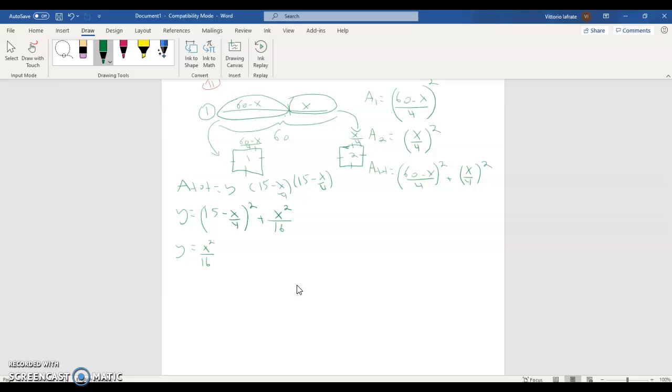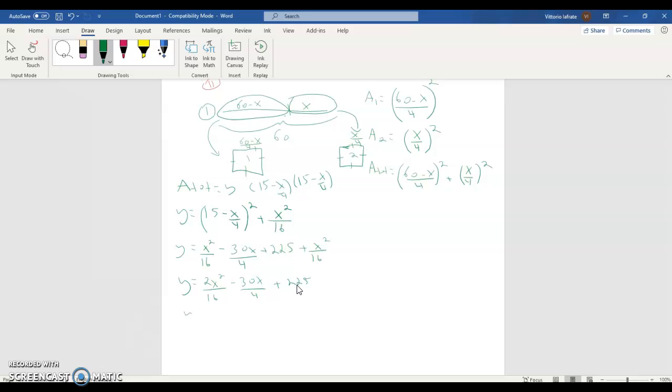And then we have minus 15x over 4, minus 15x over 4, so minus 30x over 4, and then plus 225, and then plus x squared over 16. And we can group like terms and simplify, so we get x squared plus x squared, so 2x squared over 16 minus 30x over 4 plus 225.